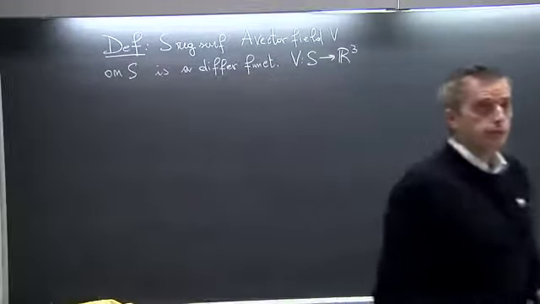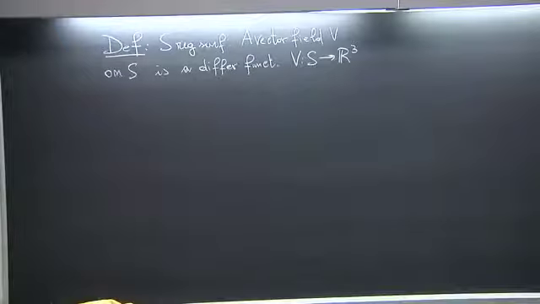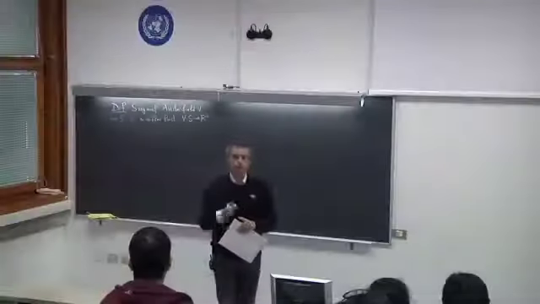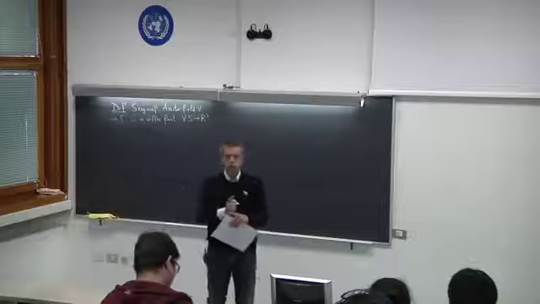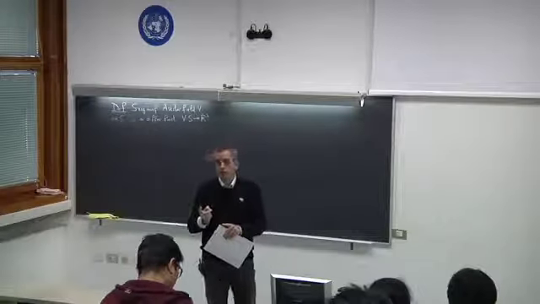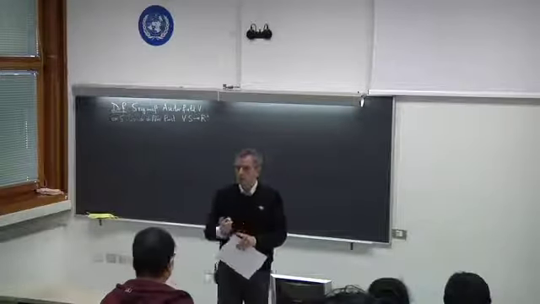Okay? So basically, to each point of the surface, you associate a vector, but you need to do it in a differentiable way. And now you know what this means.